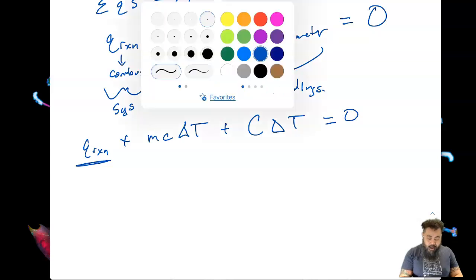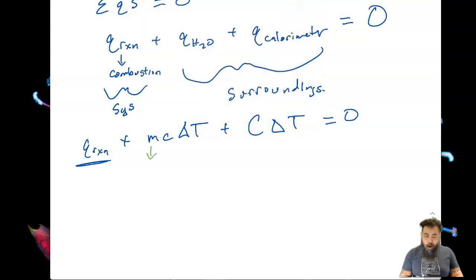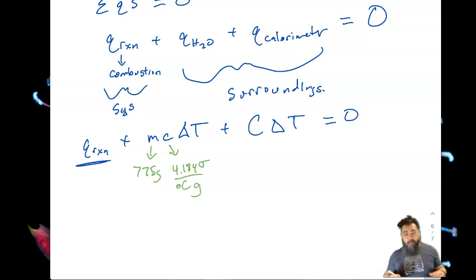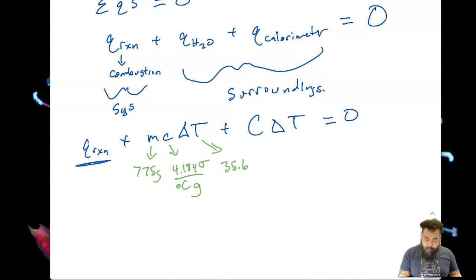We know that the mass of our water is 775 grams. Our c is 4.184 joules per gram degree Celsius, or you'll see joules per gram per degree Celsius. And our change in temperature is going to be 35.6 minus 23.8 degrees Celsius.